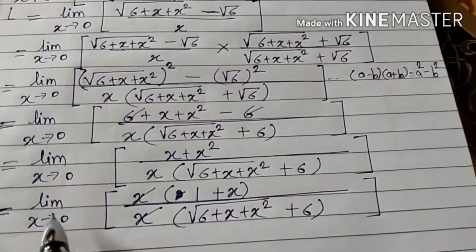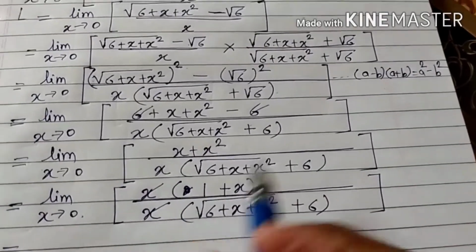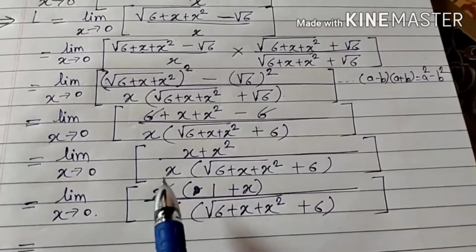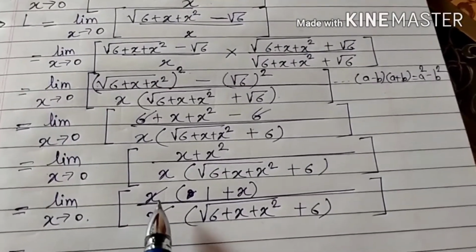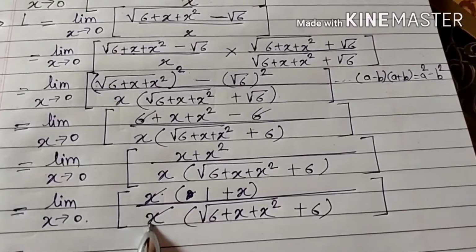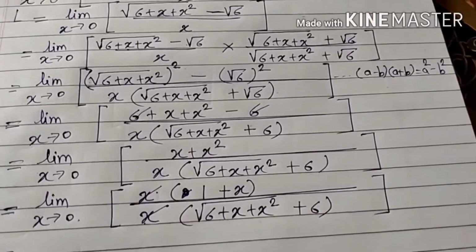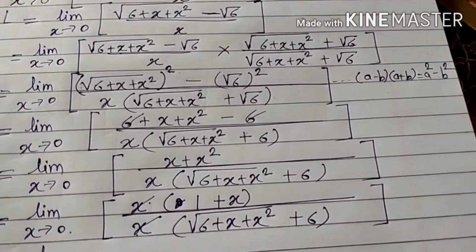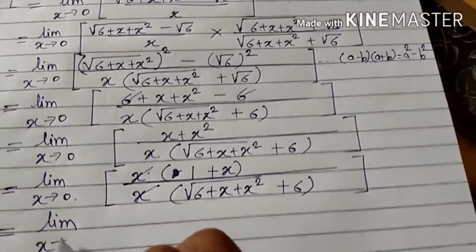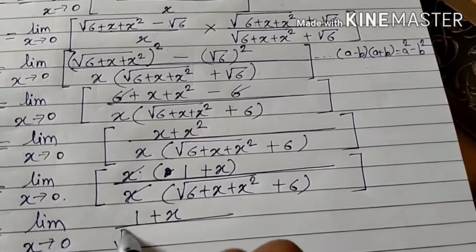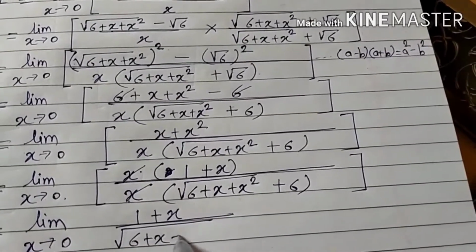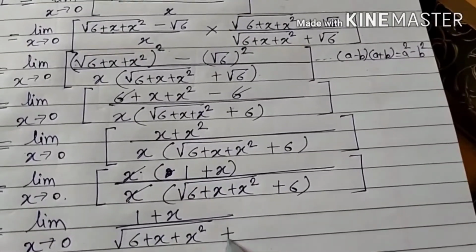Now you can observe that here x tends to 0. So in this example we have to cancel, or eliminate, the factor which is x. So here we eliminate x, then you can apply the limit. Before that, write the term as it is. Limit x tends to 0, 1 plus x, upon root of 6 plus x square plus root of 6.